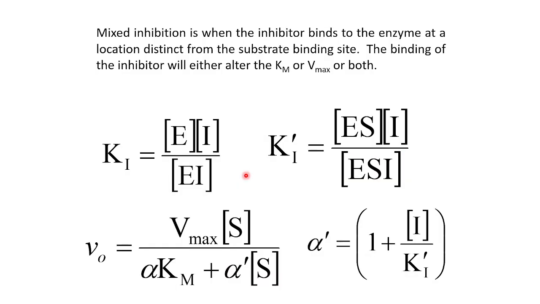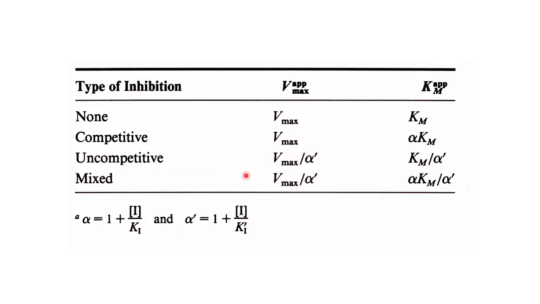So these are some equations. You need not remember them as of now. What you need to know is basically this particular graph, this particular chart, where if there is no inhibition, apparent Vmax is Vmax and apparent Km is Km. When it's competitive, Vmax remains Vmax. Vmax does not change. Km increases.